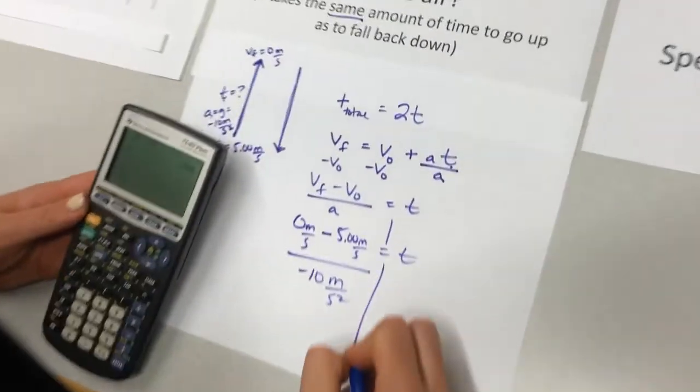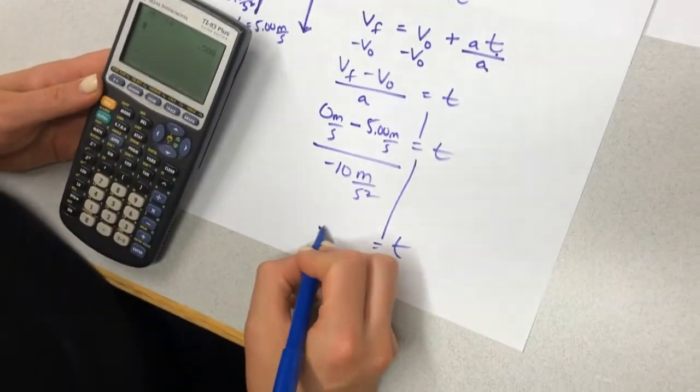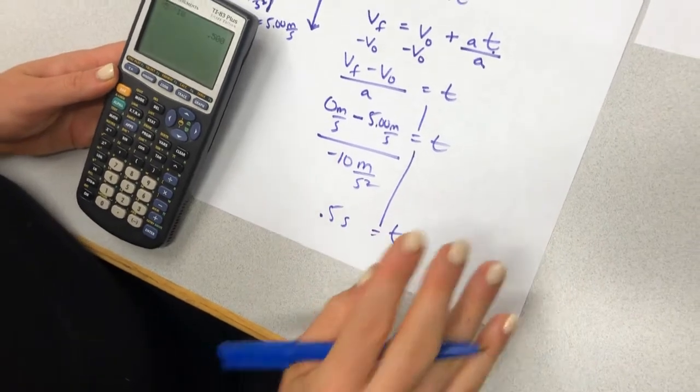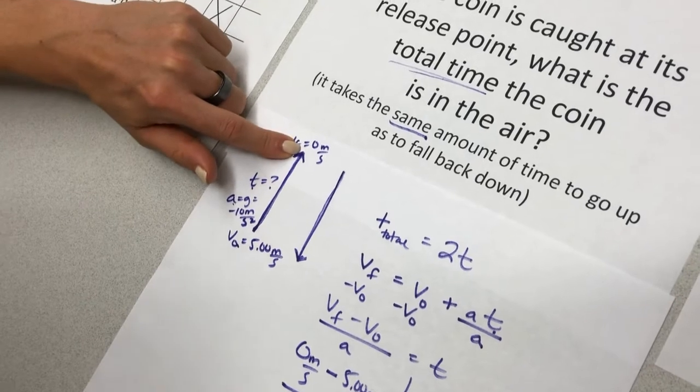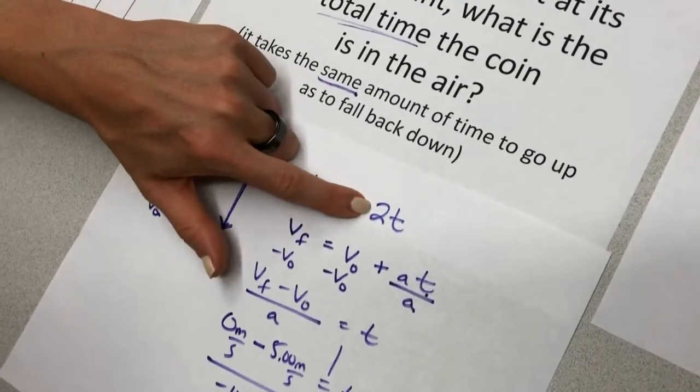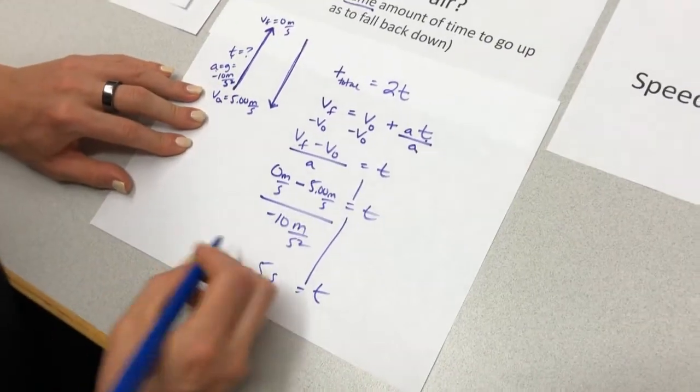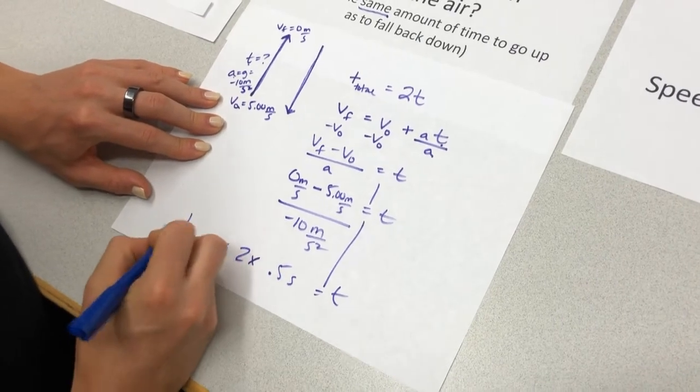And I get, for my time, 0.5 seconds. Now, we said that that is how much time it took for it to go on the way up. So what do we need to do? We need to multiply it by 2 in order to get the total time. So that times 2 gives me 1 second.